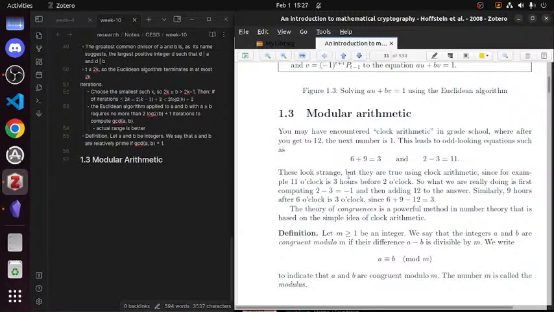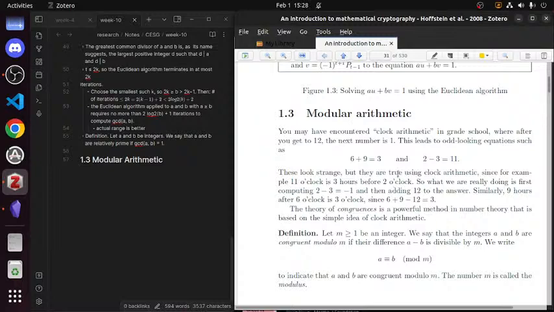These look strange, but they are true using clock arithmetic, since, for example, 11 o'clock is 3 hours before 2 o'clock. So what we are really doing is first computing 2 minus 3 equals negative 1, and then adding 12. So it's kind of a way to think about modular arithmetic.